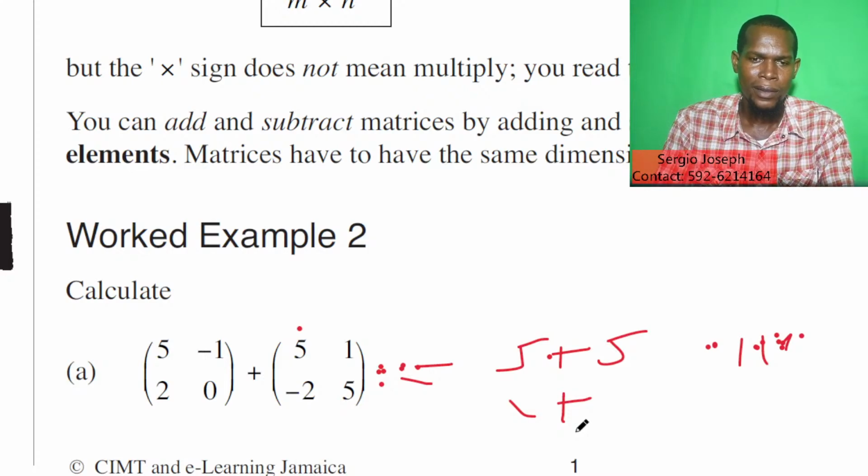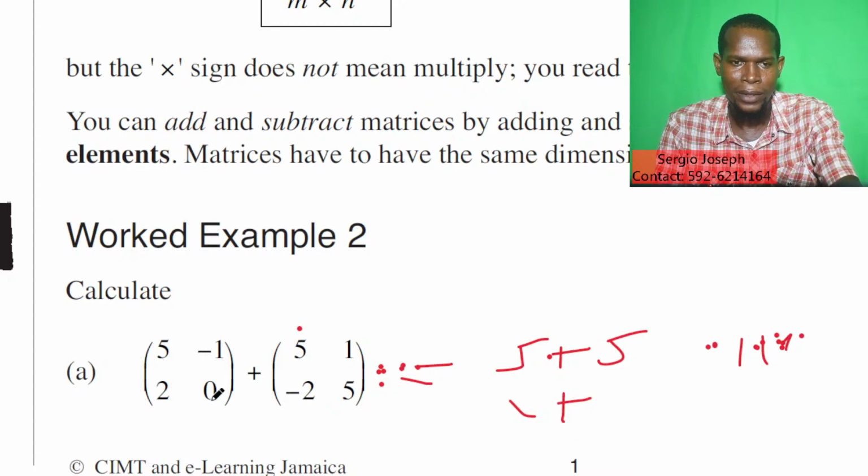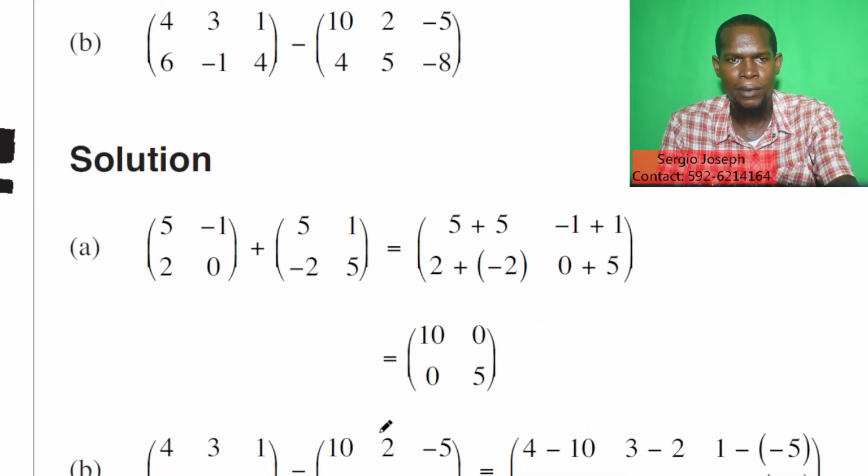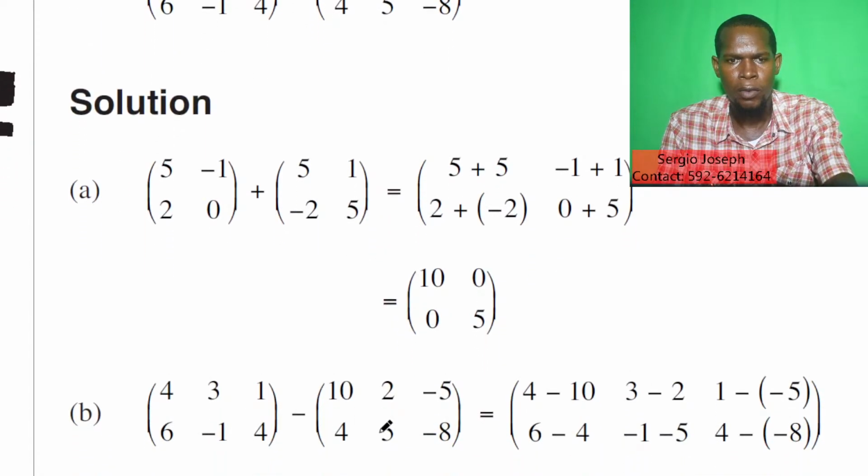Alright. While that works its way out, let me just articulate it quickly. You have 5 plus 5, minus 1 plus 1, 2 plus minus 2, and 0 plus 5. And that will give us what? What will be the solution?